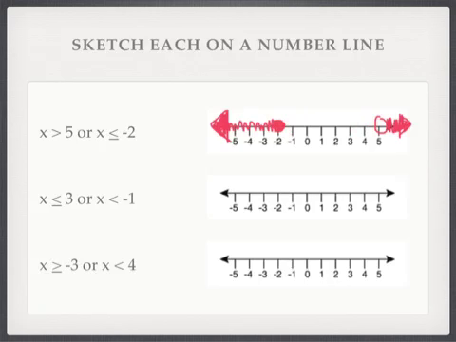What about x is less than or equal to 3? How do I graph that one? Closed circle on 3. Shade to the left for less than. Now, how would I shade x is less than negative 1?